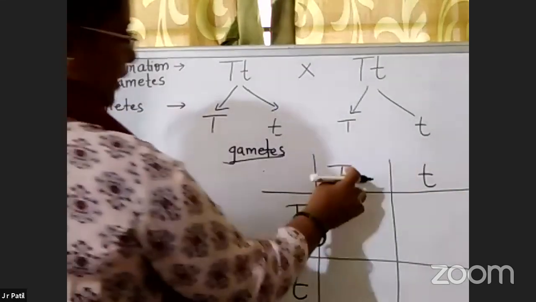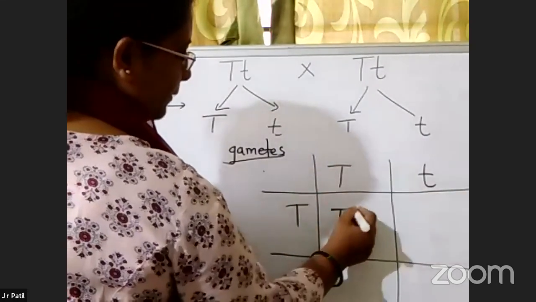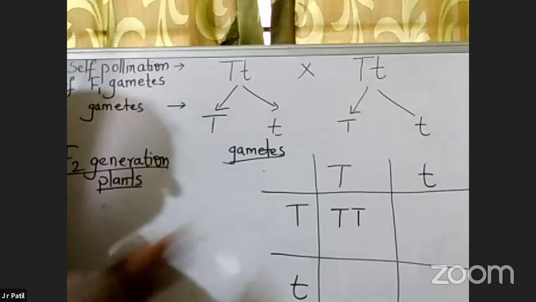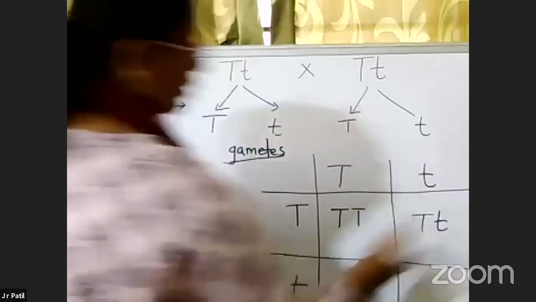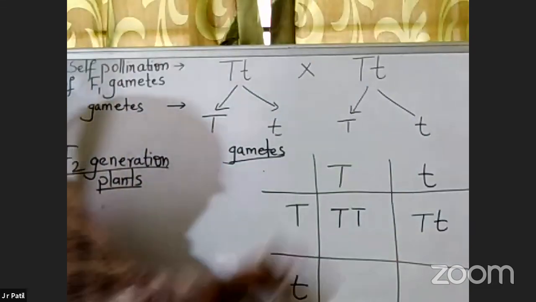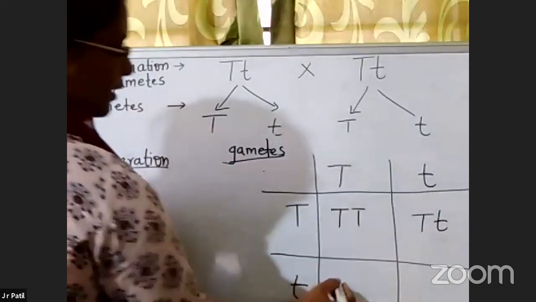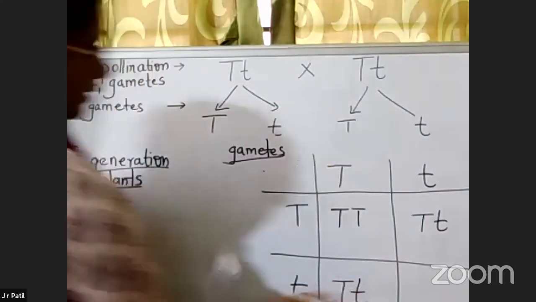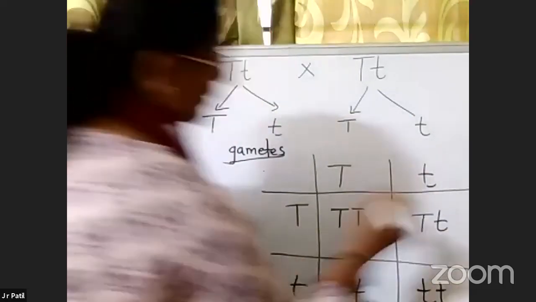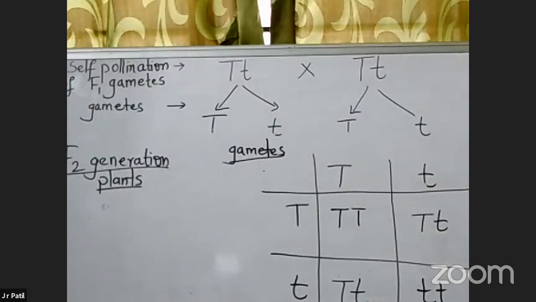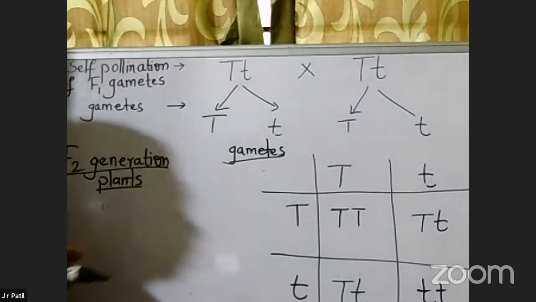T into T, both capital T. Capital T, small t. Small t, capital T. Small t, small t. This much have you understood?